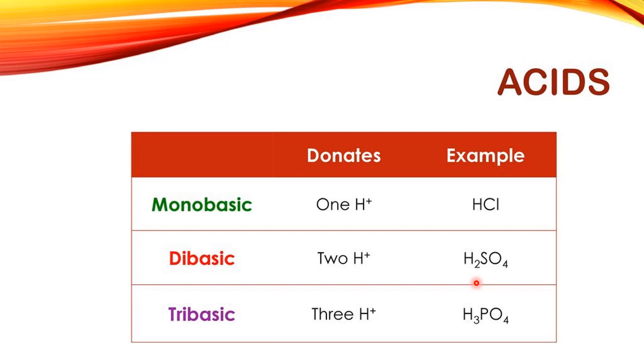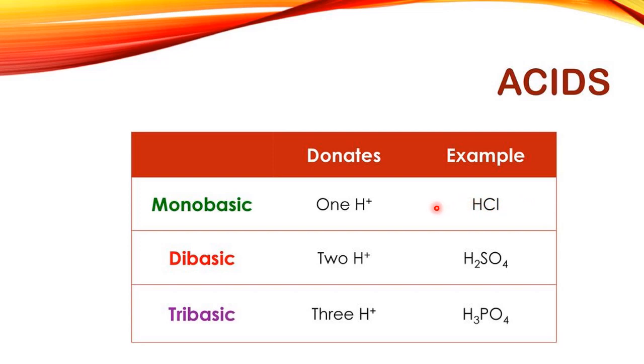But normally, in general, more than one is taken as polybasic acid. And this term, whether it is polybasic, tribasic, or dibasic, we also relate to basicity. What is the basicity of this acid? Only one. Why? It gives only one proton because it is monobasic, it gives only one H plus.